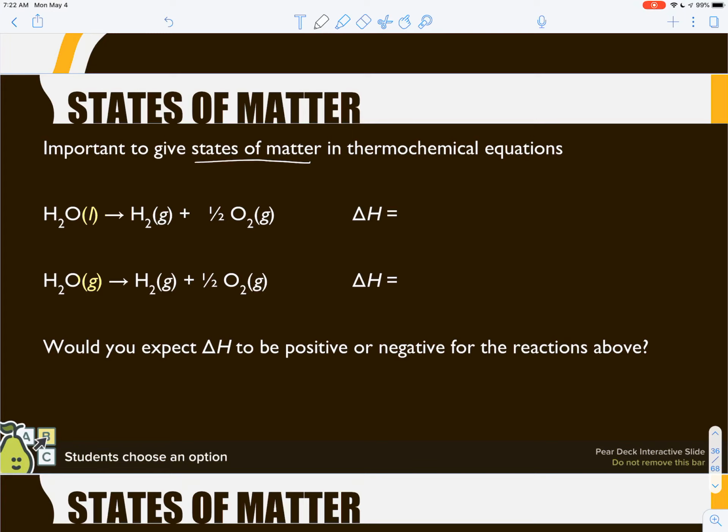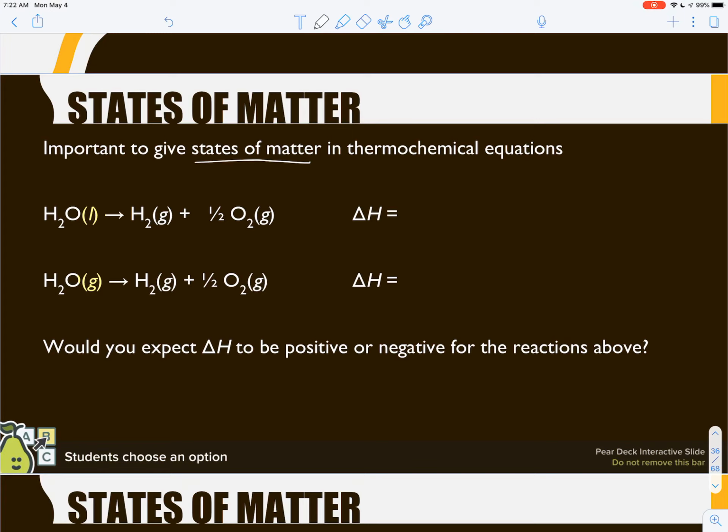But this one has the additional step of the liquid becoming gas and then becoming both products. So the difference between them is that the top one includes the vaporization and the bottom one doesn't. So we can actually use that information to parse out how much of the top one's delta H is from vaporization compared to the bottom one.